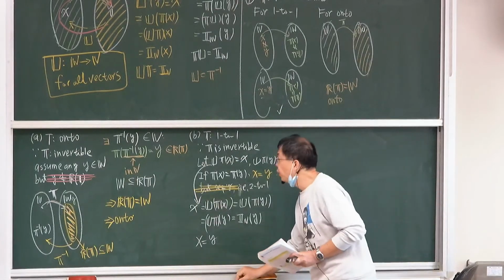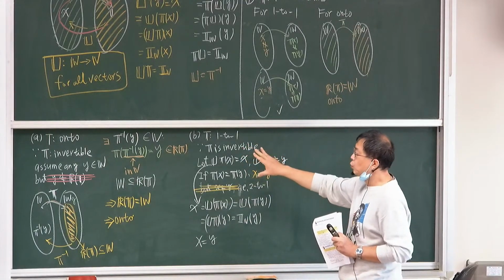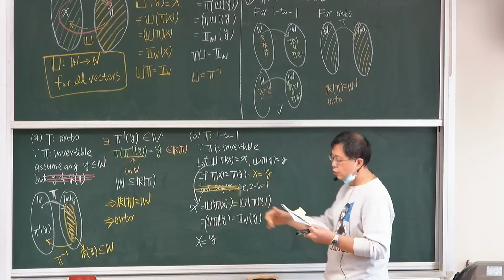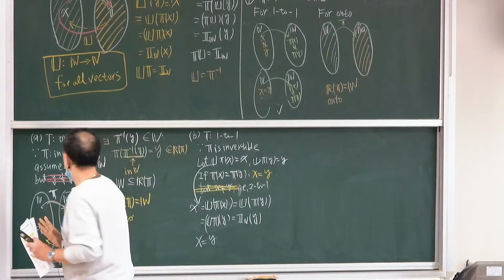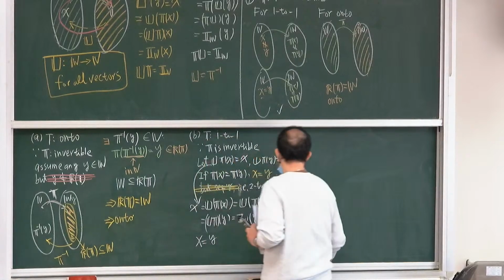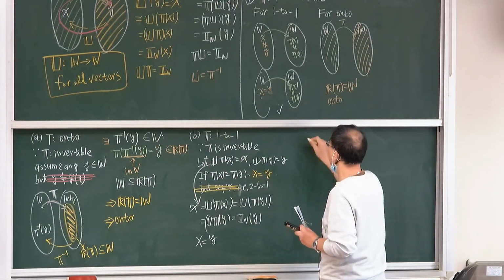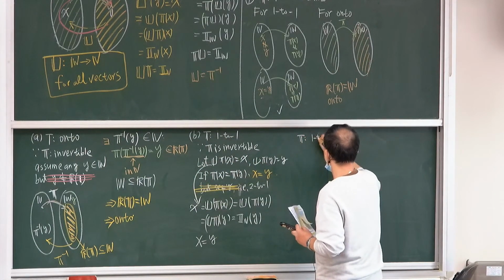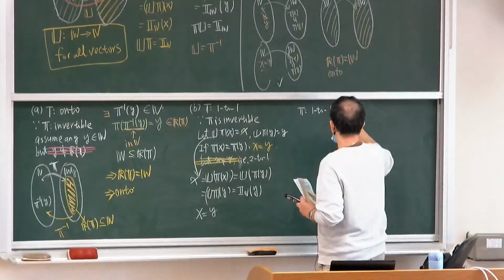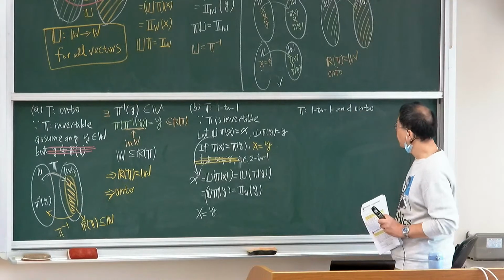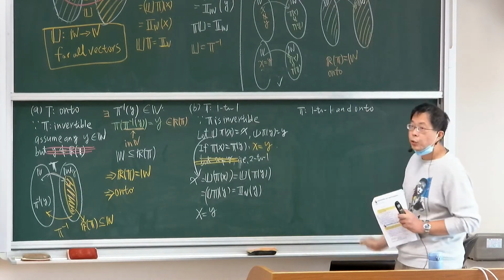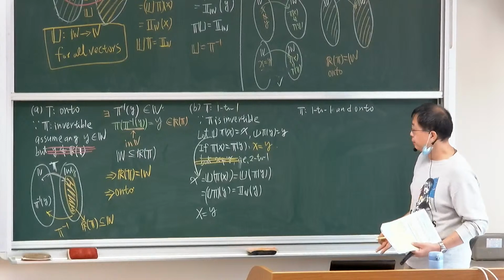So now we have that this transformation is 1 to 1 and onto. If the transformation is invertible, we have already proved that T should be 1 to 1 and onto. So from T being 1 to 1 and onto, what do we learn?